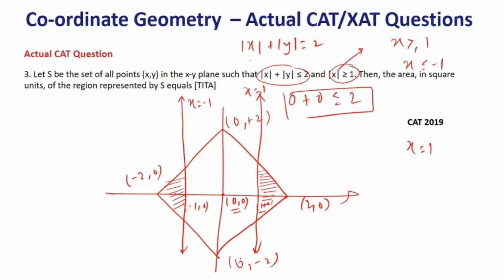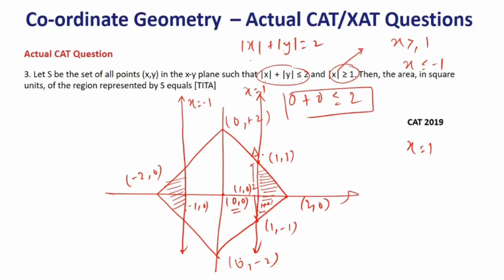So we have to find out the area for these regions. Obviously symmetrically the two regions are the same. Calculate for one of them and you get the answer. Now this point is (1, 0), right? This point obviously is going to be (1, 1) and this point is going to be (1, -1). So this length is equal to 2, right?